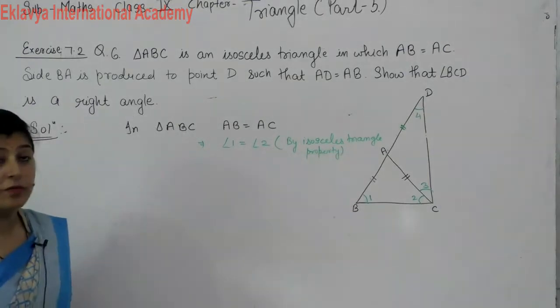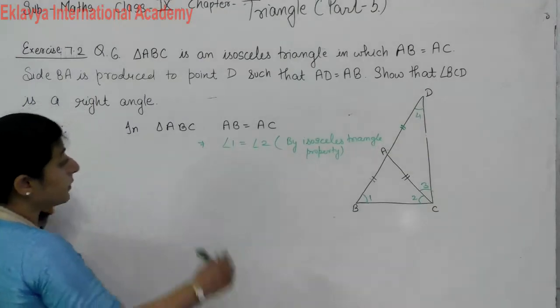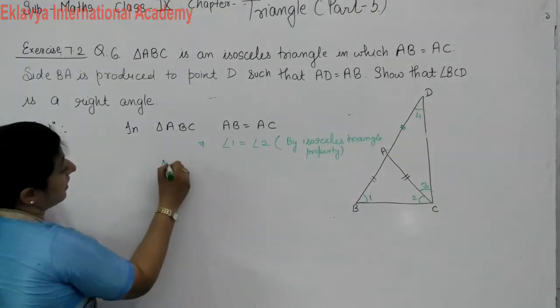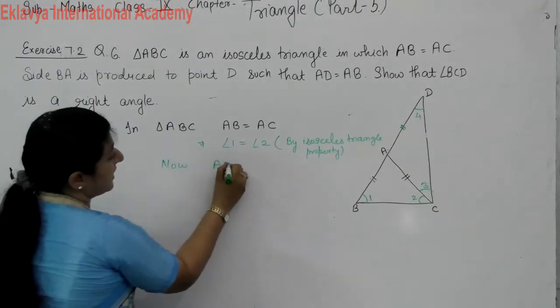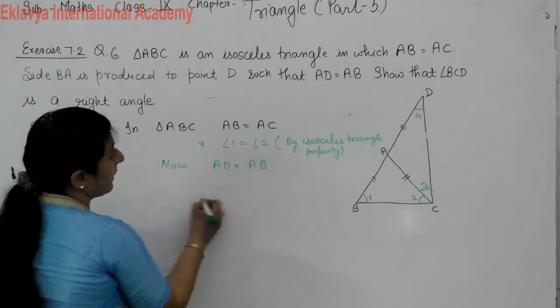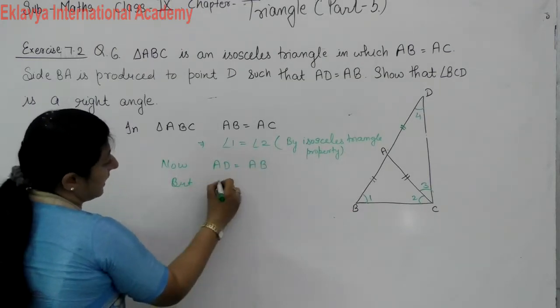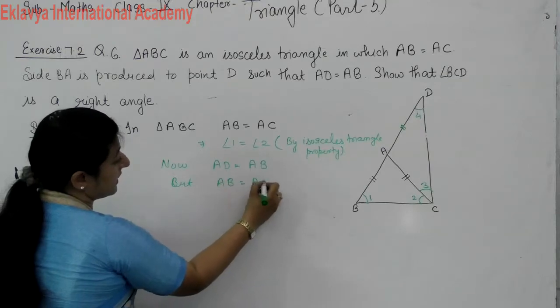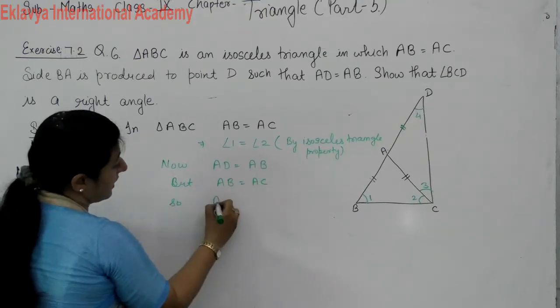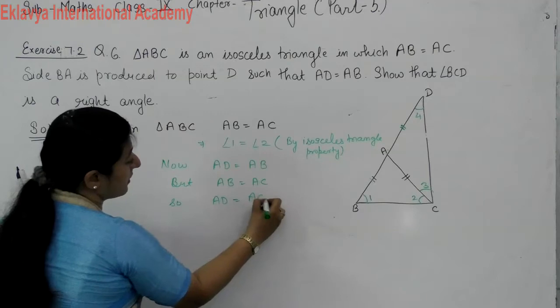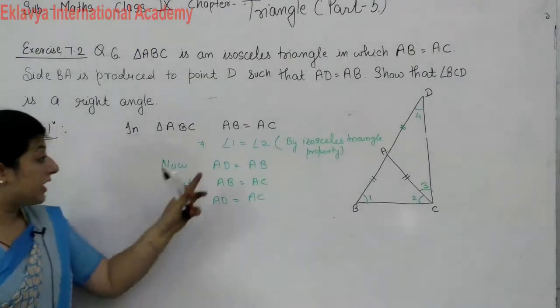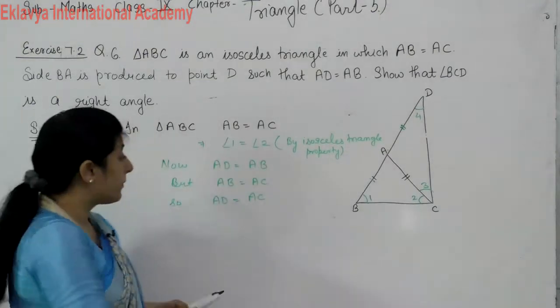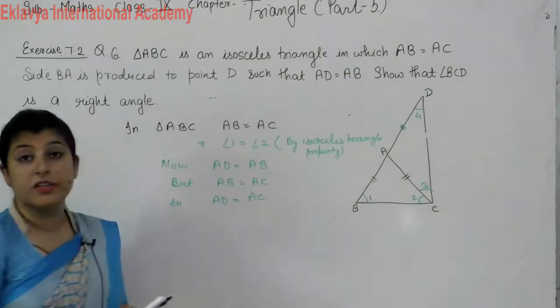We can write down. Now it is given to you that AD is equal to AB, but AB is equal to AC. So AD is equal to AC. AD is equal to AB given to you. AB is equal to AC also given to you.